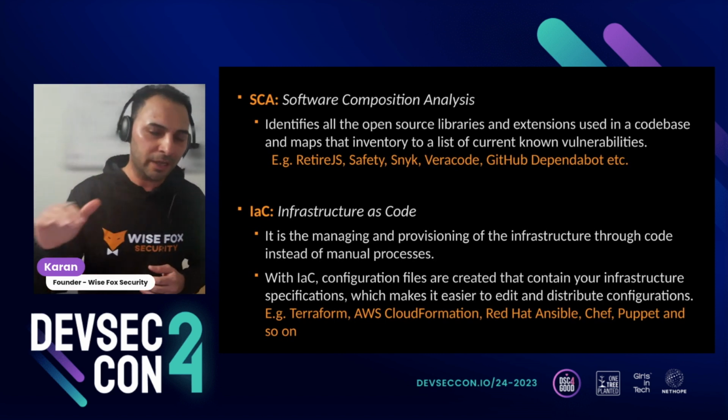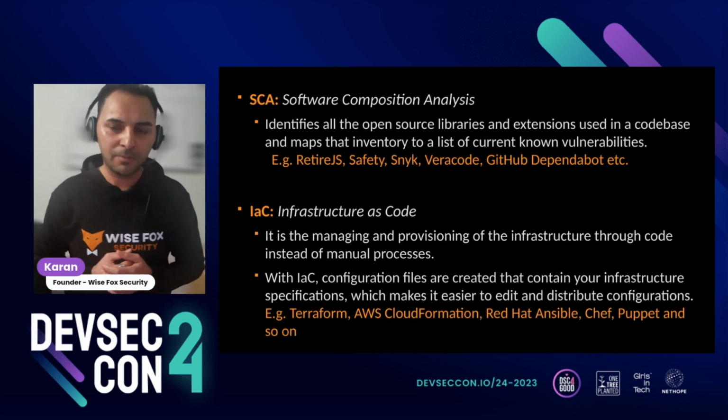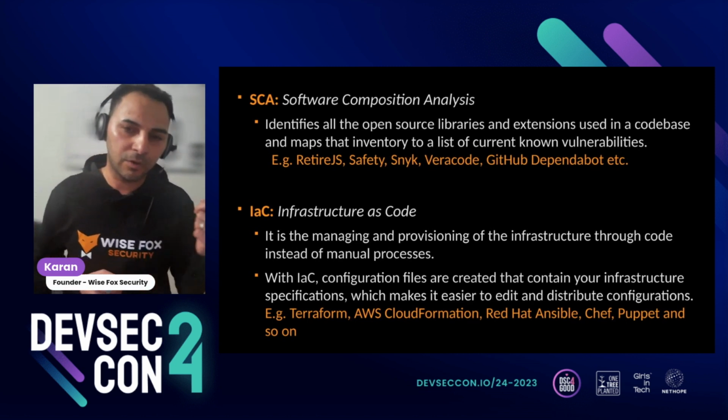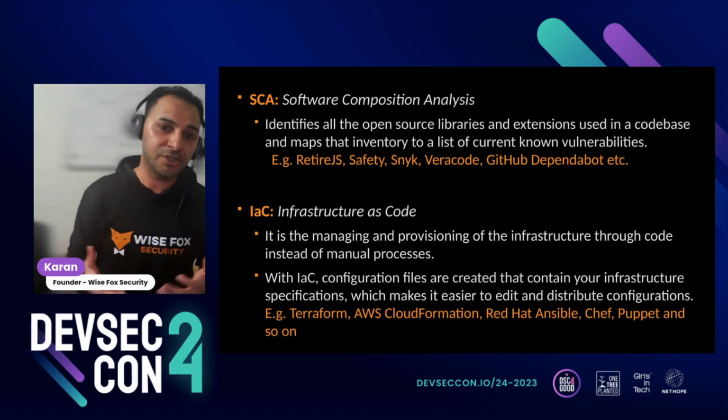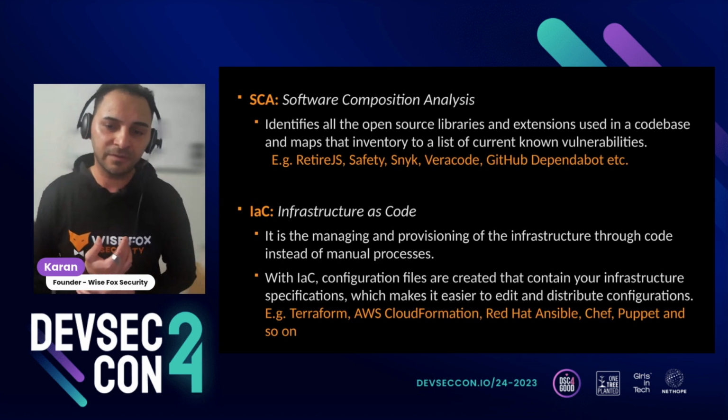So you've got various vendors who offer these types of tooling. You've got GitHub Dependabot, Snyk, Veracode, Retire.js, Safety. There are a number of other open source alternatives as well.